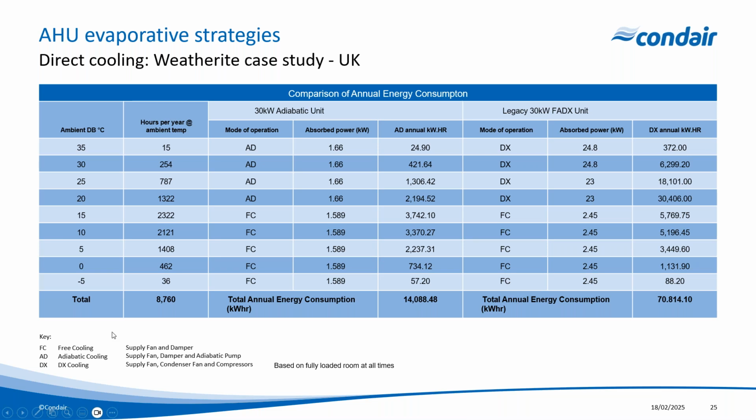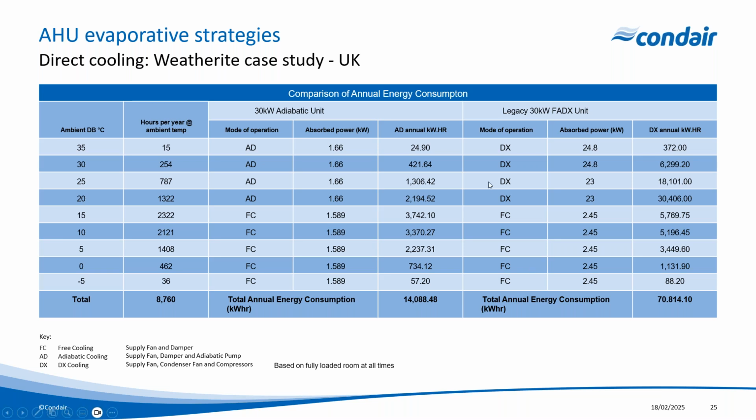Now if we look at the ambient outside air condition and the associated operating mode, we can see that at about 15 degrees C or below, both systems, the DX system and the adiabatic system, would be operating in free cooling mode 1 only. So that's bringing in fresh outside air and putting that directly into the space.